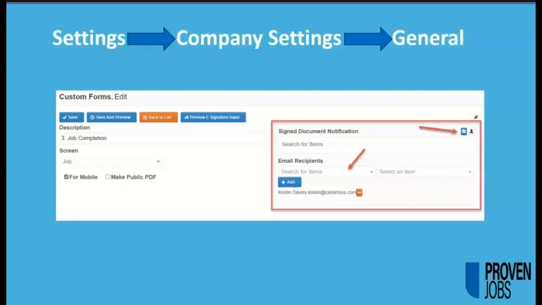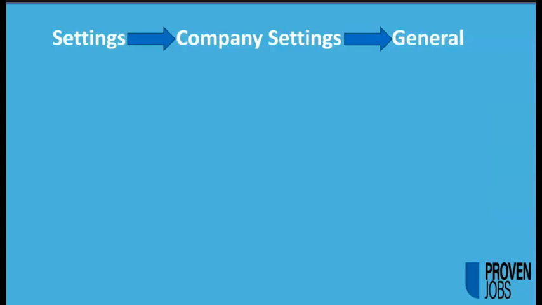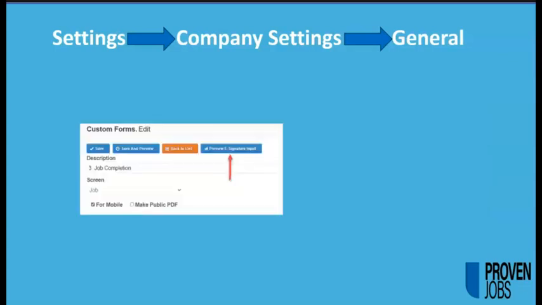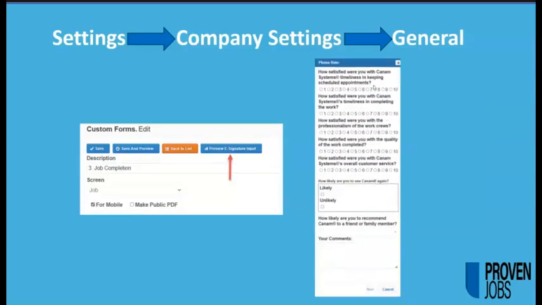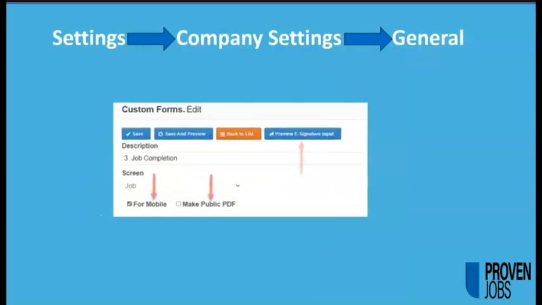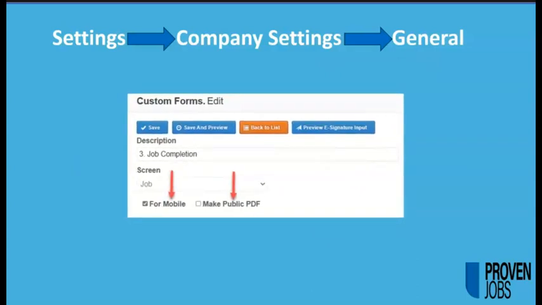Next, we are going to review the Preview e-signature input. This allows the user to be able to see where a form has been set to allow the recipient to enter in information on the form. Next, we're going to review the features for mobile and make public PDF.